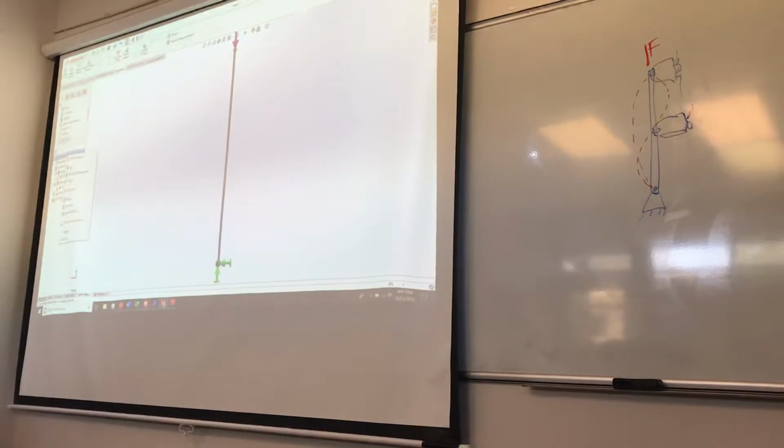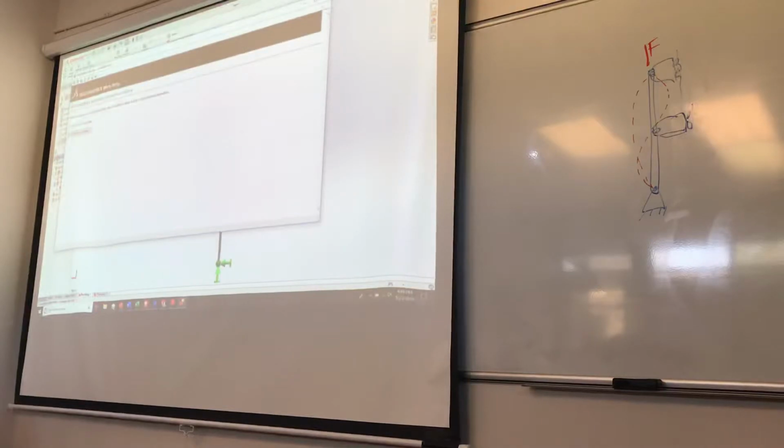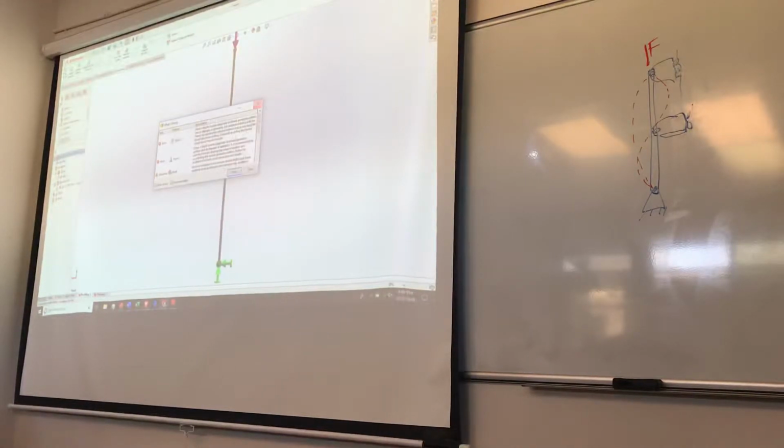I need some applied material. I just made it a rectangular tube is all I did. I think I just need to recalculate the joints. Okay, calculate. There we go.